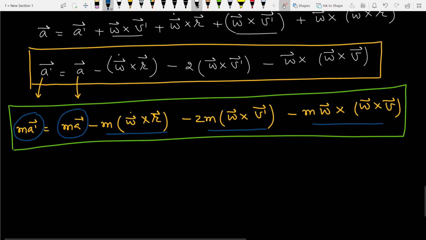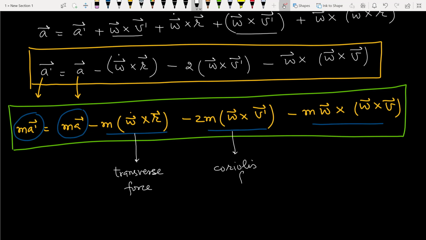The first term is called transverse force. Second additional term is Coriolis force. And third term is centrifugal force.